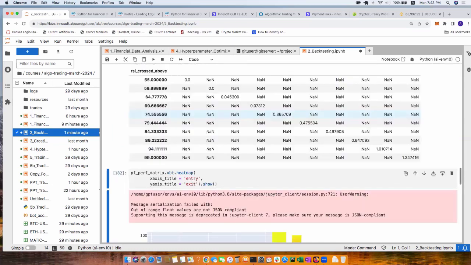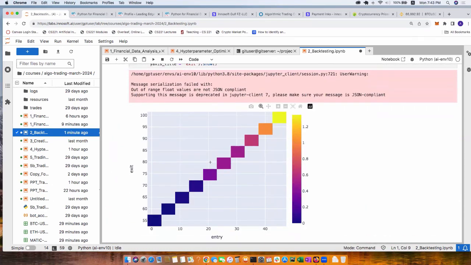If I look at this chart right now, X is the entry, Y is the exit, and Z is the return that I would be getting. So for an entry of 45 and an exit of 99, I'd be getting a 134% return.